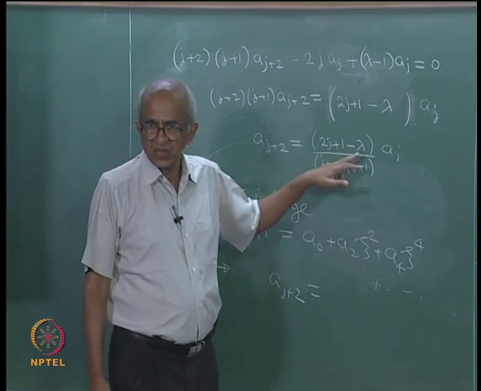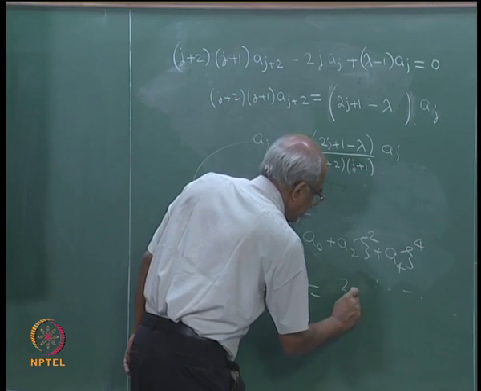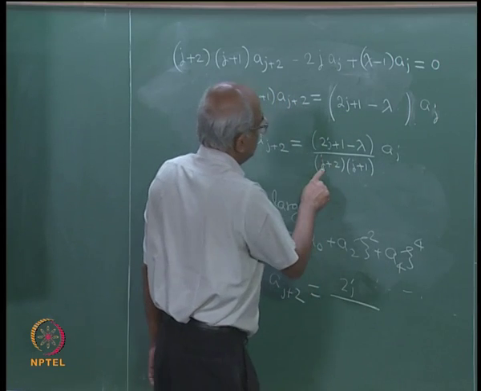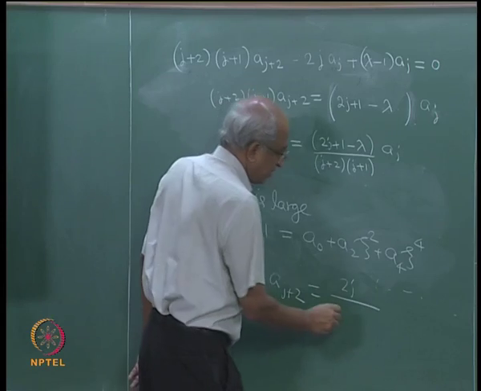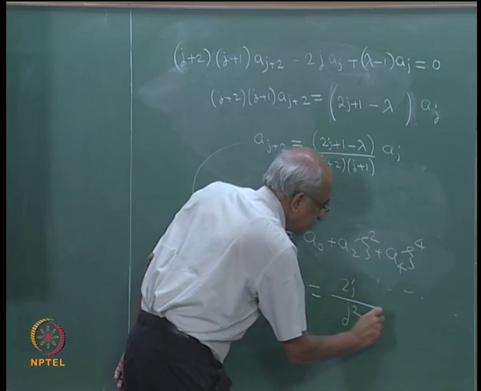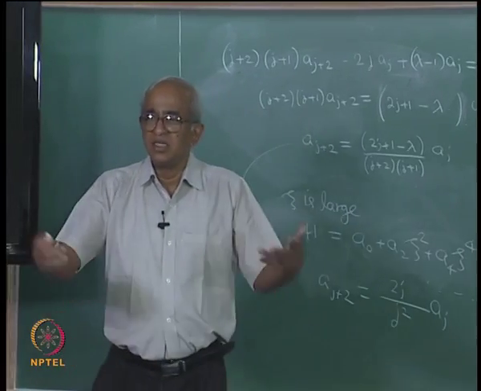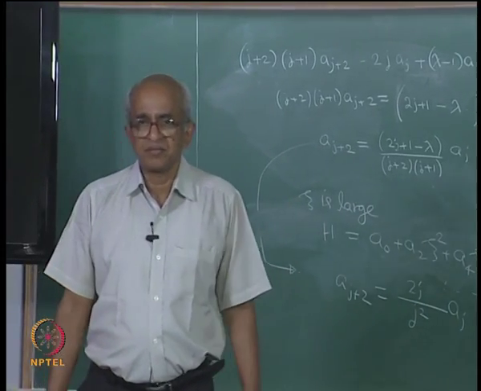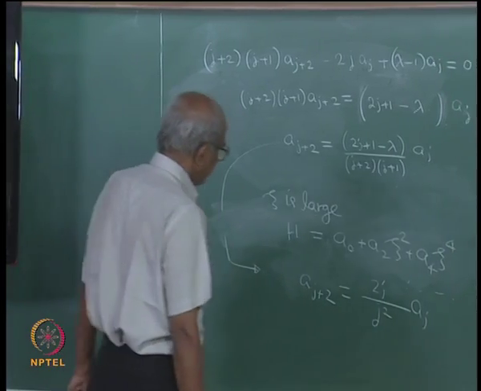Then you can neglect the value of this lambda, you can neglect 1 in comparison with 2J, right. So, what will happen? You will have 2J in the numerator divided by J plus 2, you can neglect the 2, J plus 1, you can neglect the 1. So, therefore, J square into AJ. This is the form of the recursion relation when J is very large, right.